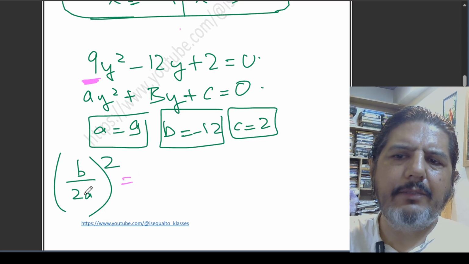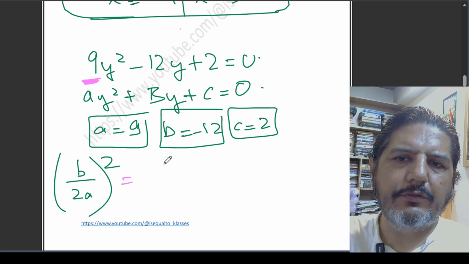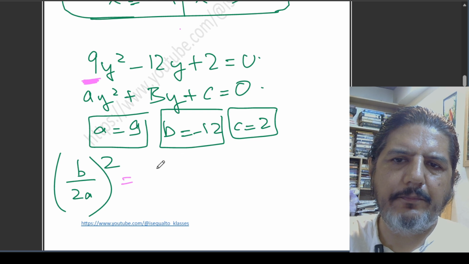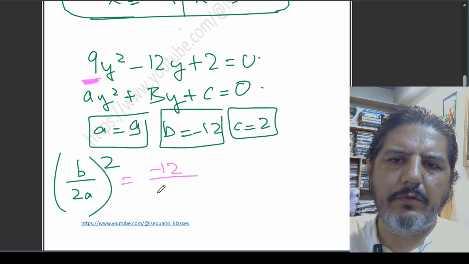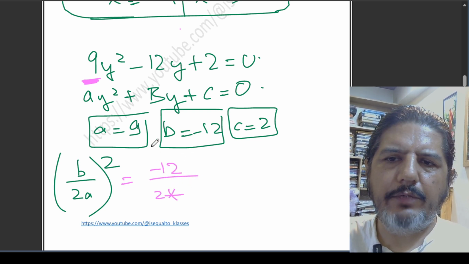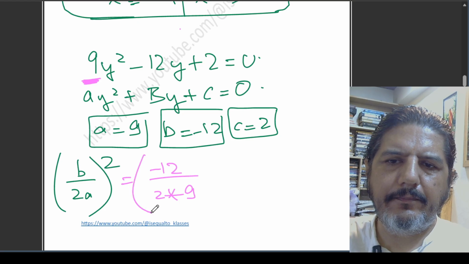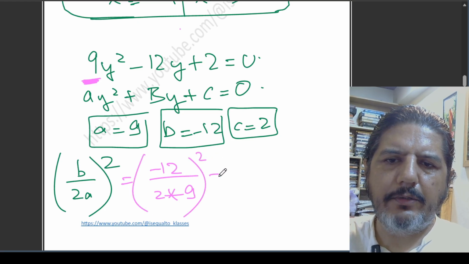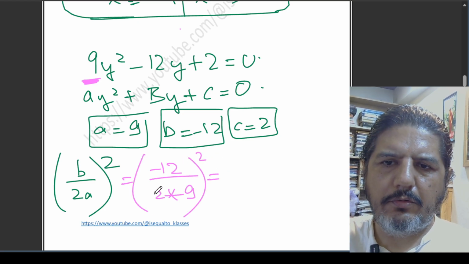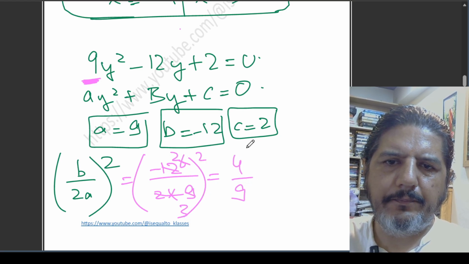Let me calculate b upon 2a whole square first. So b is minus 12. Minus 12 upon 2 into a, which is 9, whole square. Now I solve: this is 4 upon 9.